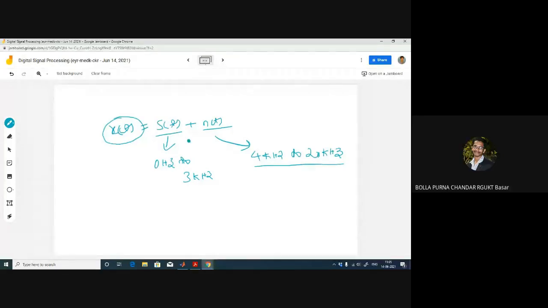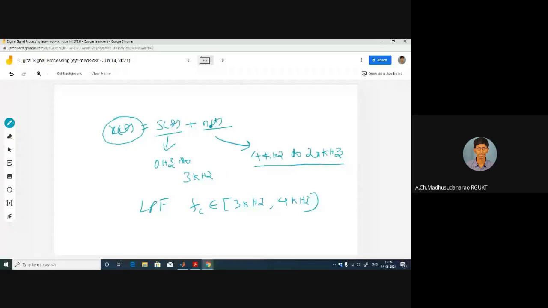Low pass filter. You can simply apply a low pass filter with a cutoff frequency anywhere between 3 kilohertz and 4 kilohertz, right? With the help of this, I can remove the noise.